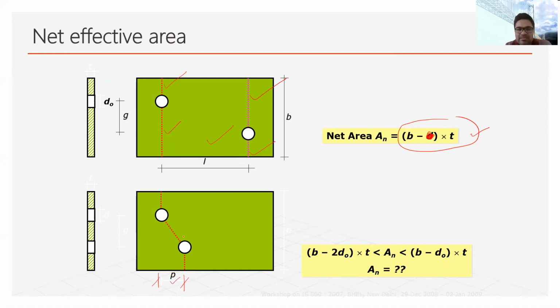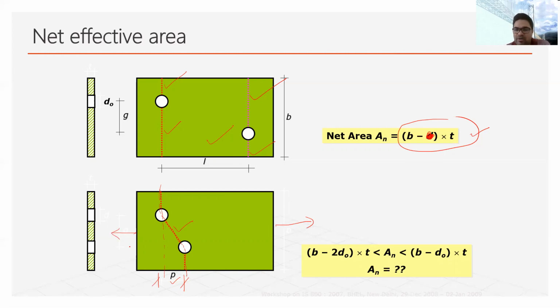So in this case, if we are applying the tension force, there is a possibility that the plate may break along this line or along this inclined plane. So in that case, how do we find out the net effective area? If there is an inclined plane, how do we find out the net effective area?